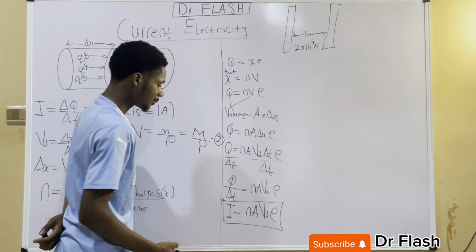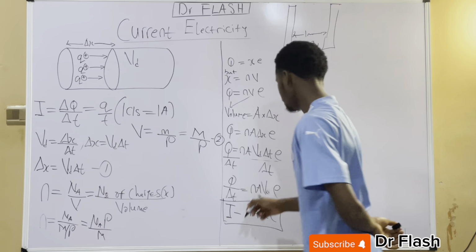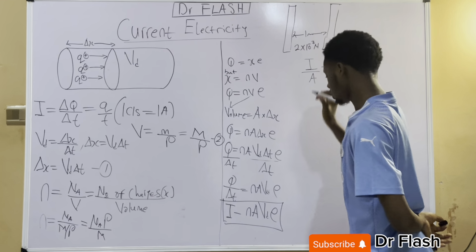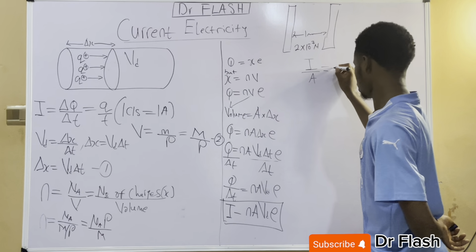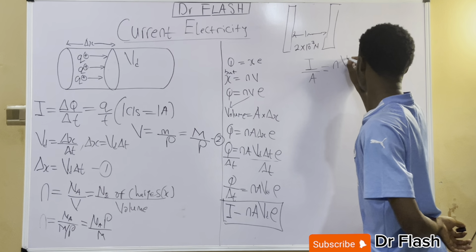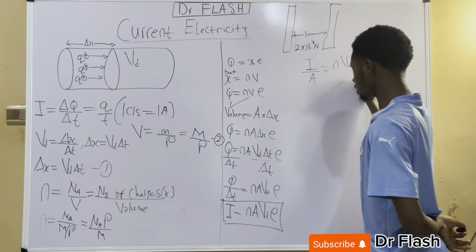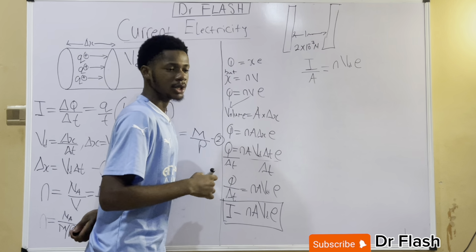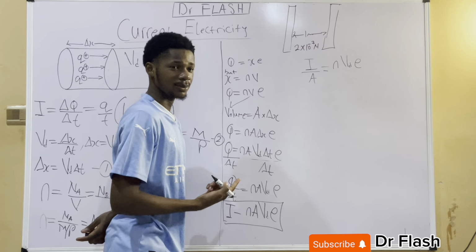And then we can divide both sides by area. When we divide both sides by area, we get current over area is then equal to N times drift velocity times E. Now current over area is what we call the current density, that is current divided by area.